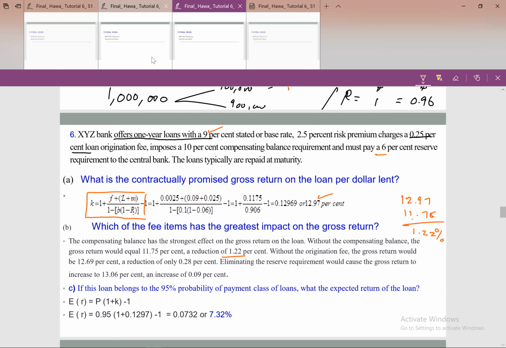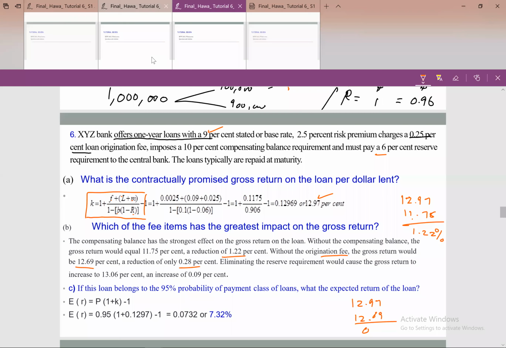If we drop the fees, the change will be from 12.97 to 12.69, so we are talking about a 28 basis point drop.